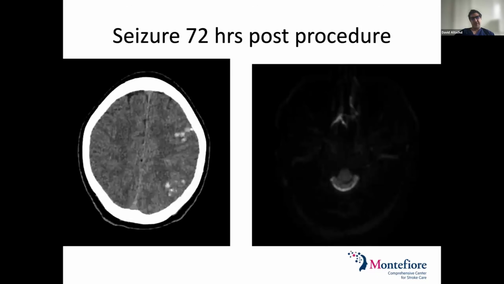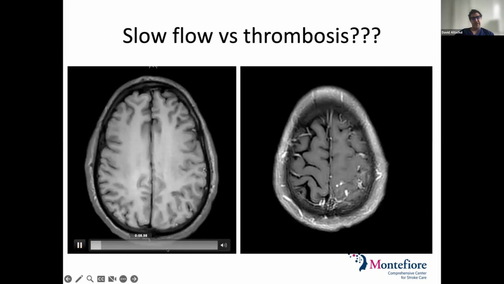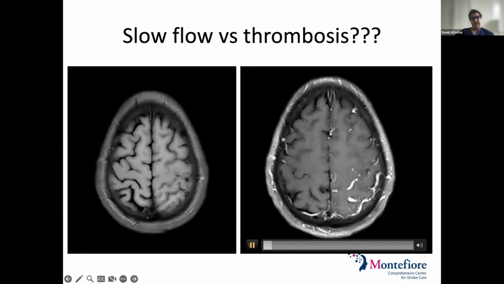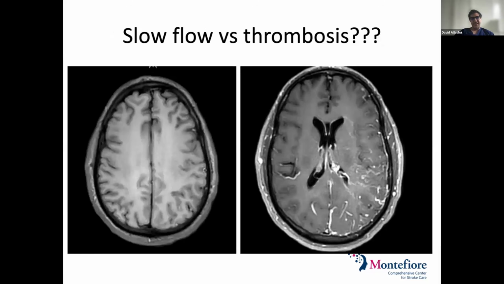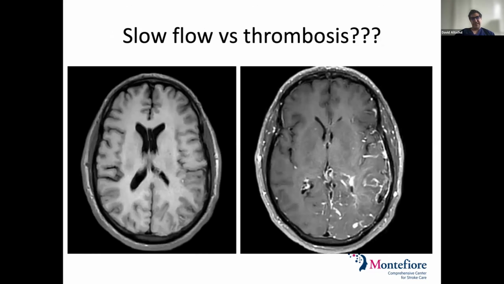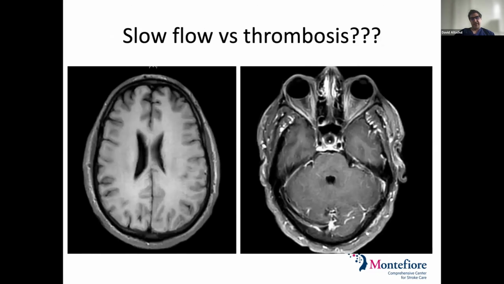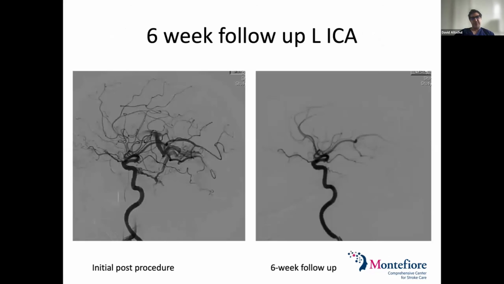He was neurologically intact throughout this. He did get an MRI to try to figure out whether those veins were thrombosed or just sluggishly filling. And I don't think they fully thrombosed, otherwise he probably would have had a lot more symptoms.